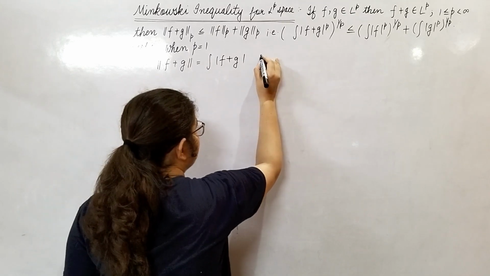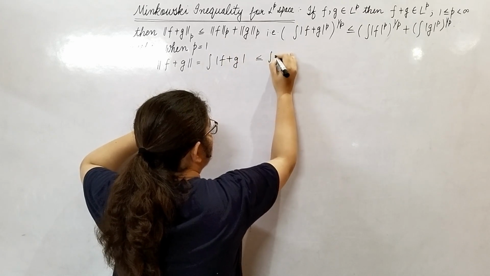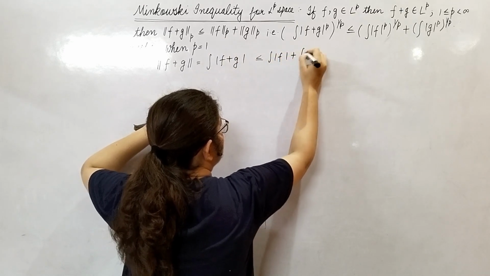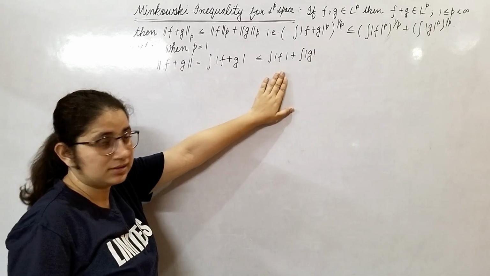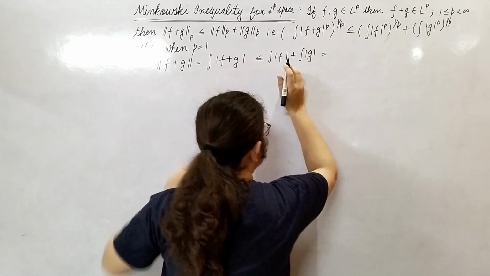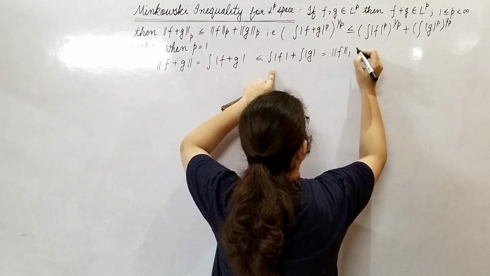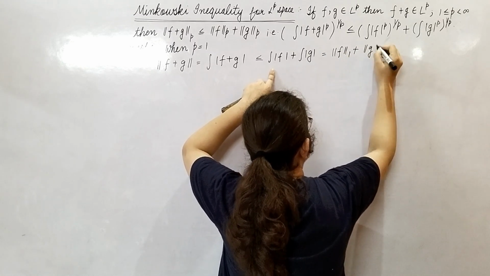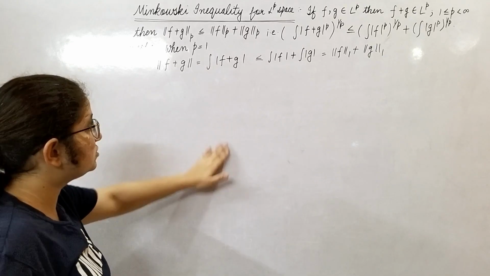This is less than or equal to this, and I can write this as the norm of F over 1 plus the norm of G over 1. So we have done it for P equals 1.